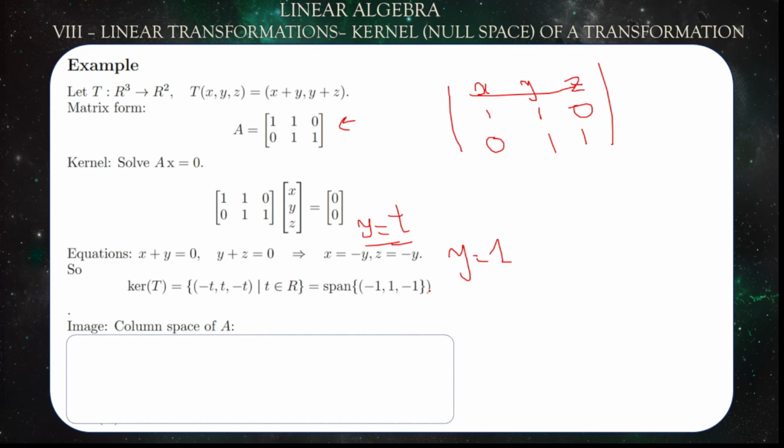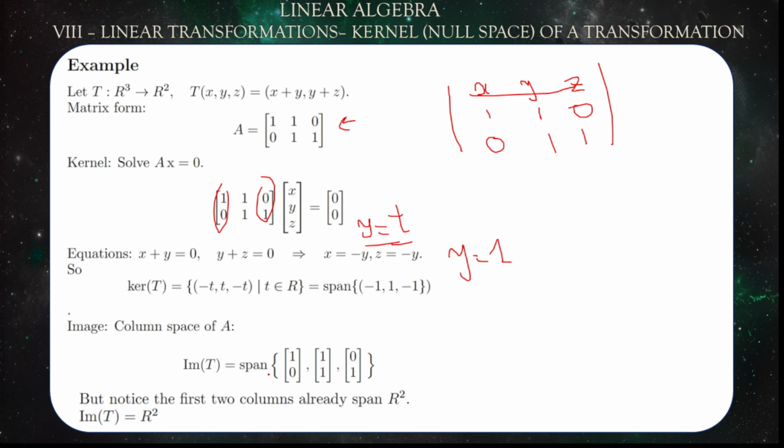Now, the dimension of the kernel, by the way, is 1 because we have only one unique vector here. Now, the image, which is the column space of A: we consider these columns, but we need to choose only the unique ones. So the image of T equals span of (1, 0), (1, 1), (0, 1), but notice the first two columns already span R2.